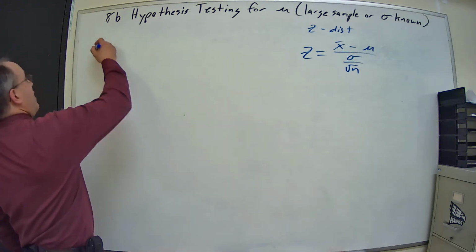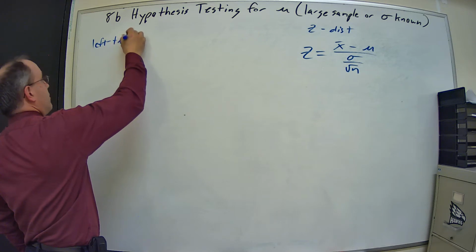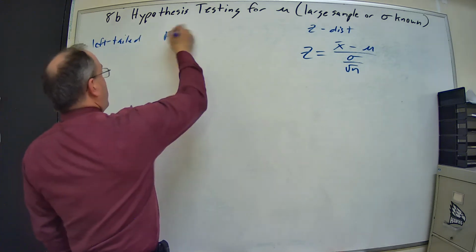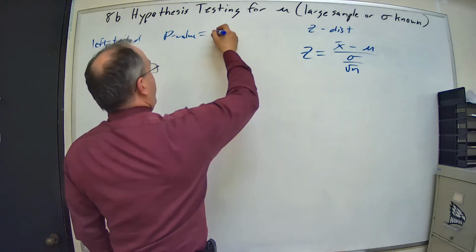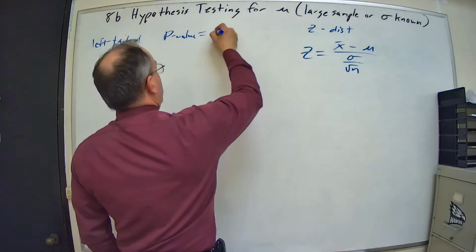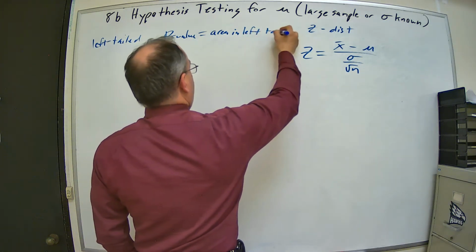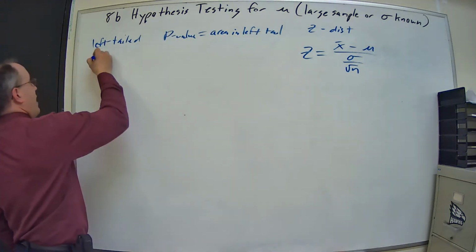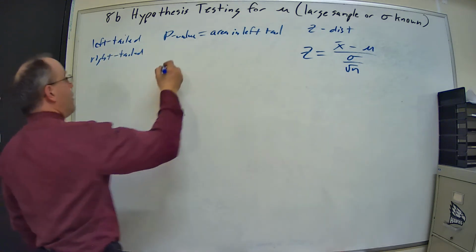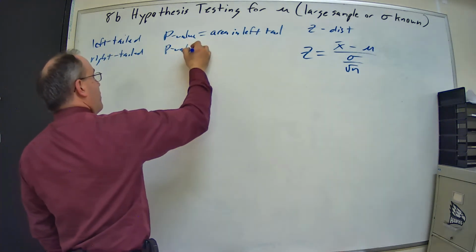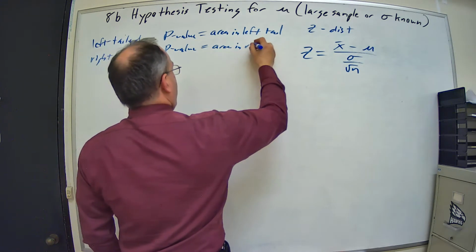Remember, if we have a left-tailed test, then the p-value is equal to the area in the left tail. If we have a right-tailed test, then the p-value is equal to the area in the right tail.